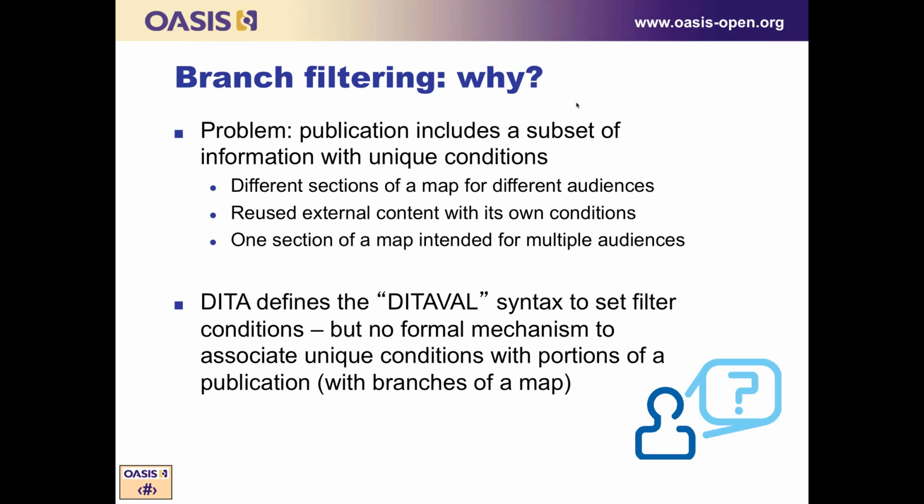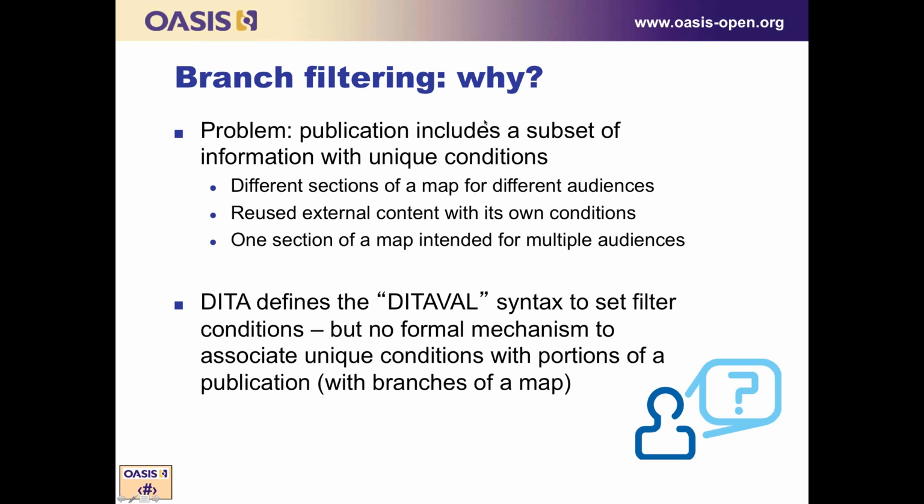So yes, I'm here to speak about branch filtering. First off, what is that? What problem are we trying to solve? The problem is a relatively common one. It's intended to address the situation where you have a subset of your publication, a subset of your map, that uses unique conditions that don't apply for the rest of the book. This may come up when you have different sections of your map that are intended for different audiences.